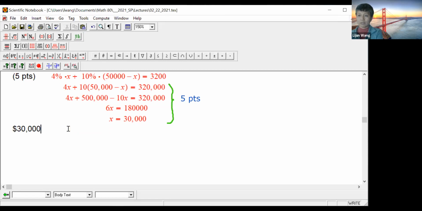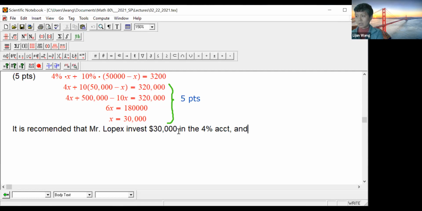Or you can say it is recommended that Mr. Lopez invest 30,000 in the 4% account and 20,000 in the 10% account to achieve his investment goal.